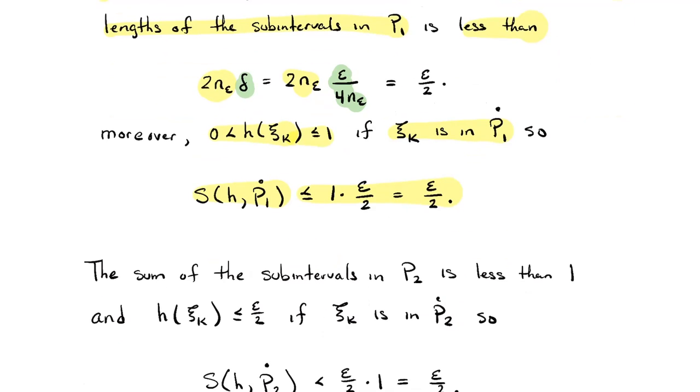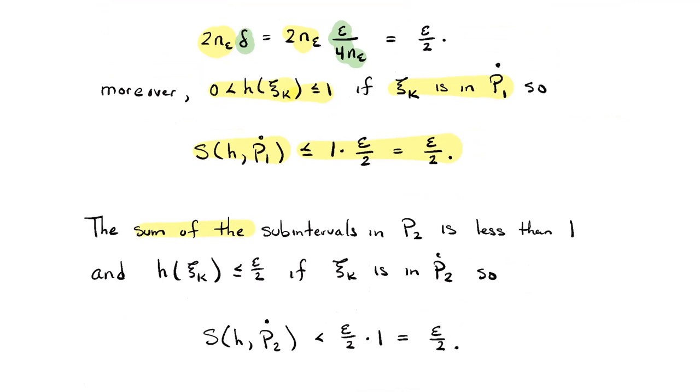Nice. Okay. Well, thinking along the same lines, if you sum the lengths of the subintervals in P2, that would certainly add up to something less than one. One would be the sum of the lengths of the subintervals over the entire partition P. And in P2, I know that because the tags are not in E sub epsilon, then H of them is strictly less than epsilon over 2.